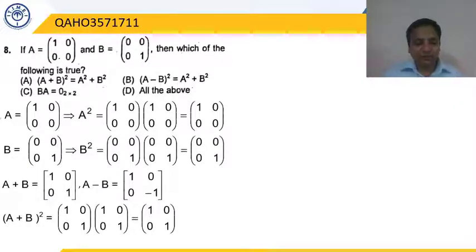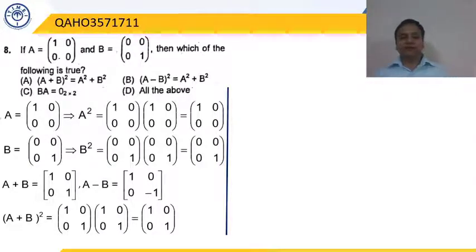You can check it also. A plus B is 1 0 0 1, a 2 by 2 matrix, which is the identity matrix. Anytime it is multiplied by identity it gives identity only. A plus B whole square is also 1 0 0 1. Individually we have the values of A square and B square, so let's add them.